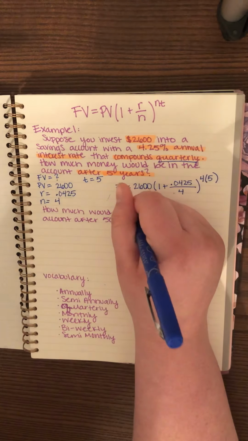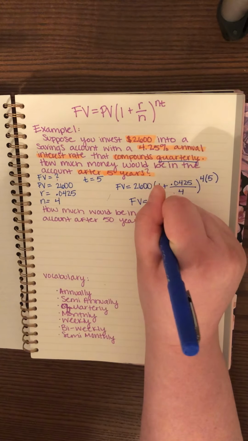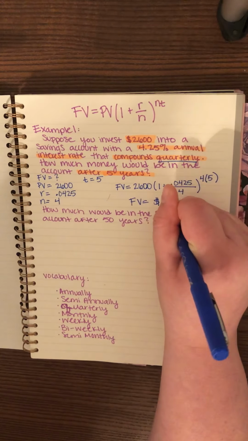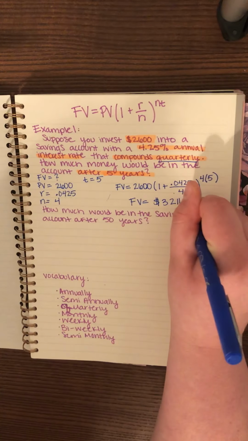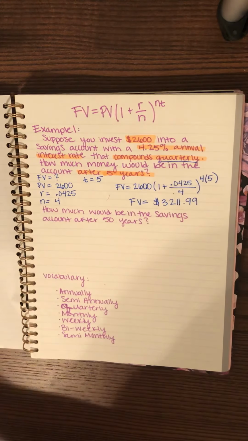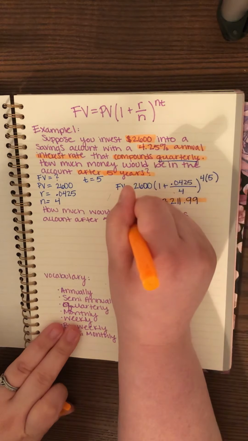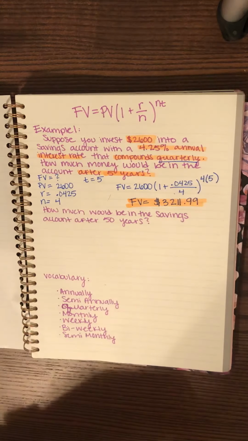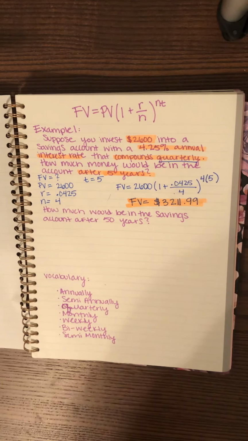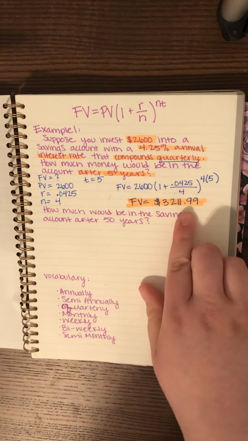The amount that I got for our future value is $3,211.99. Okay, so that means that you just kept that money sitting in your account for 5 years. This $2,600, and it increased to this after 5 years.